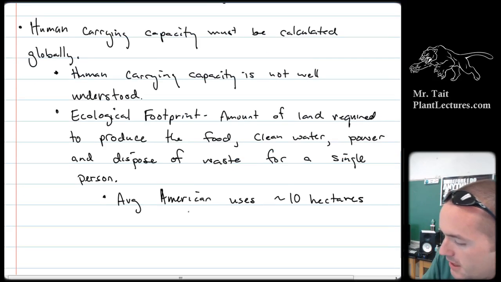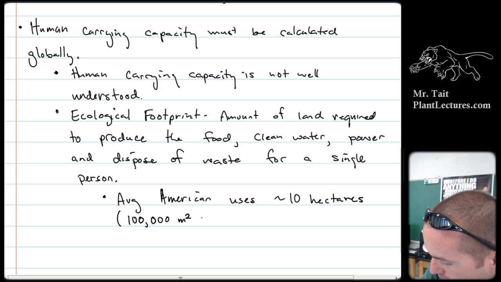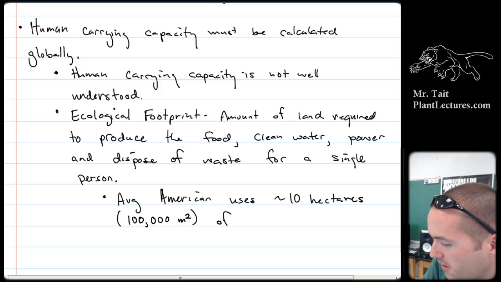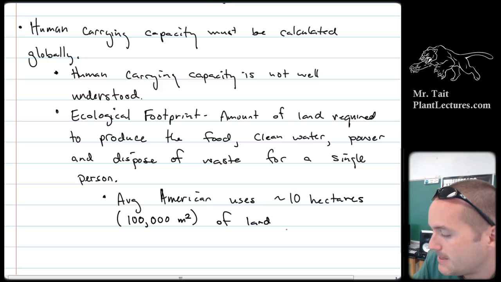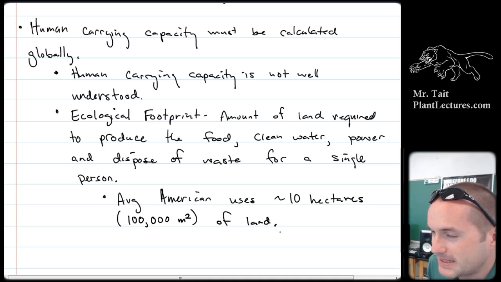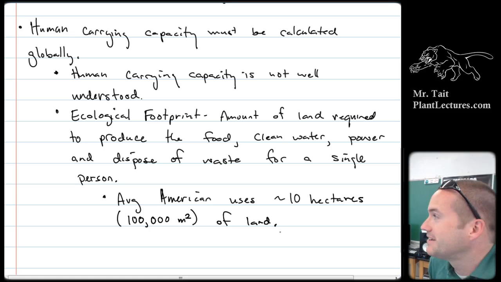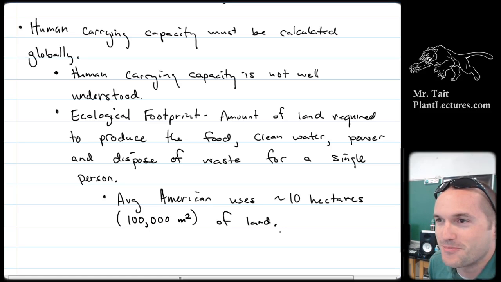So 10 hectares would be 100,000 meters squared of land in their global footprint. It's a lot. 100,000 meters squared. That's a tremendous amount of land.